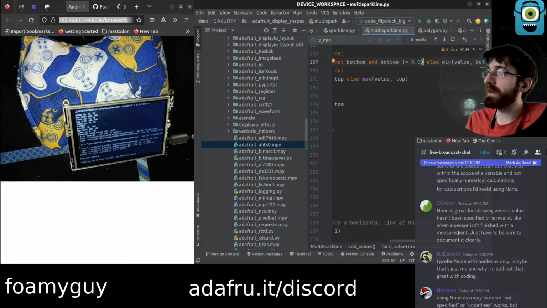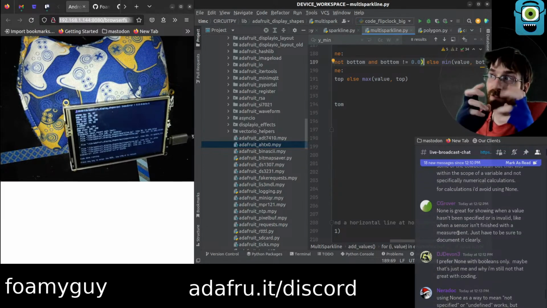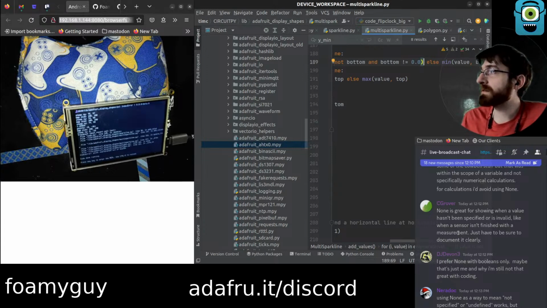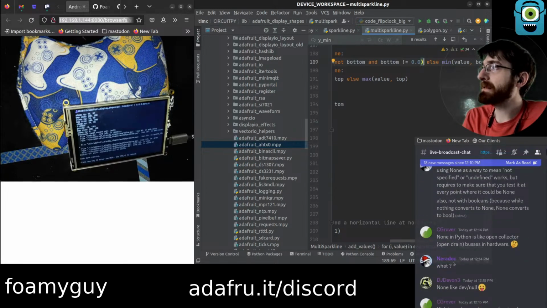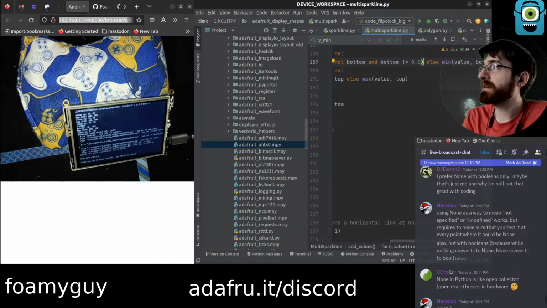It's easy to identify as either unset, hasn't been set yet, or was set back to that because something catastrophic happened or whatever. And as a way to mean not specified or undefined. Yeah. It requires you to make sure that you test it at every entry point where it could be none.